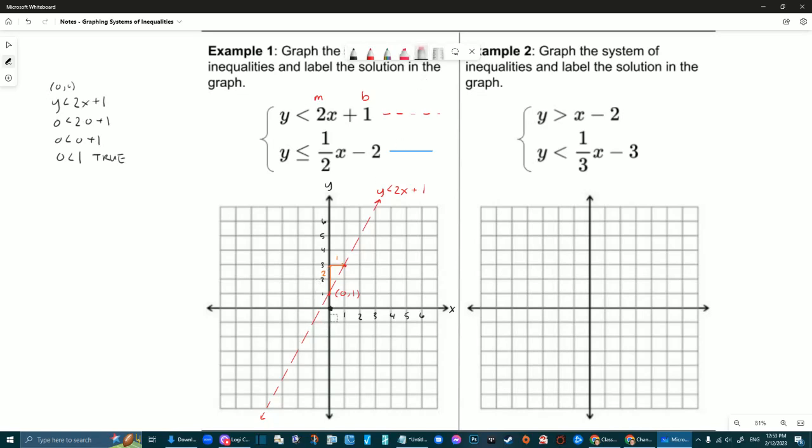So I want to shade towards the origin. So I'm going to grab my highlighter and do my best to shade in this area here. It's not going to be pretty, but it'll be effective. So all of this area here contains points that make that inequality a true statement. This is the true region of the graph.